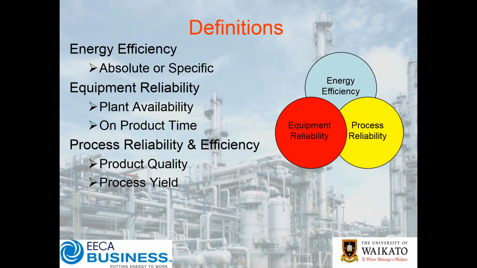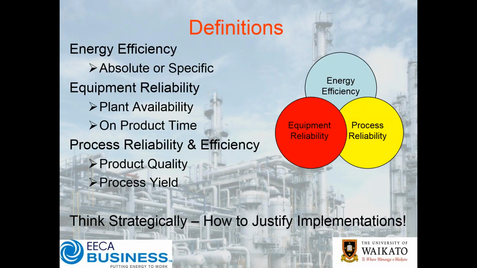So what does that all impact in terms of our product quality and our process yield? And as you'll see, these various opportunity windows overlap and have some spillover benefits. So there's a real opportunity here as we look at systems to think a lot more strategically on how we're going to justify improvements.